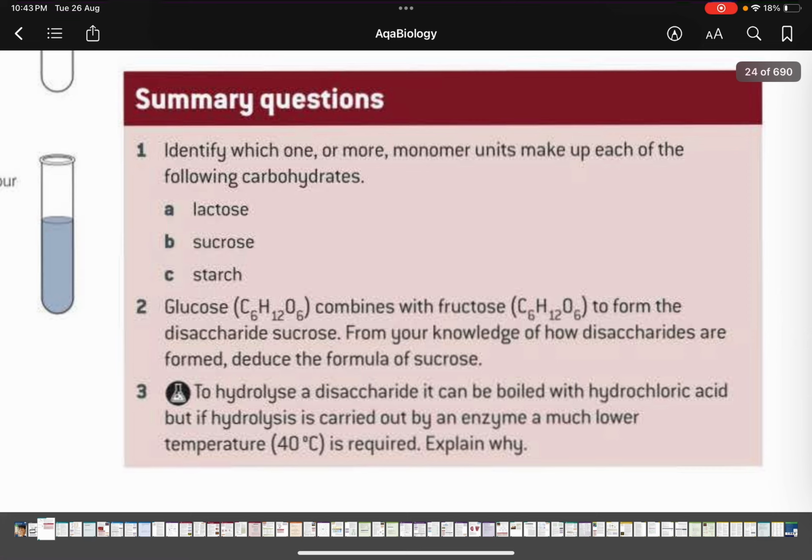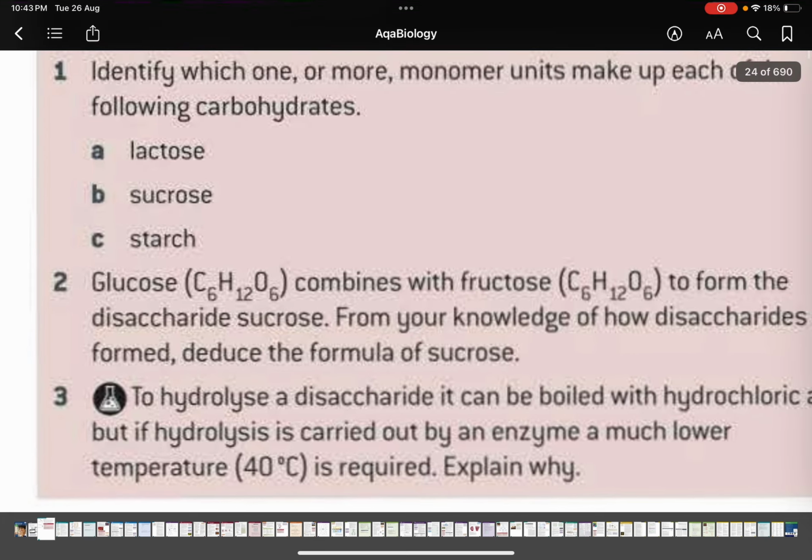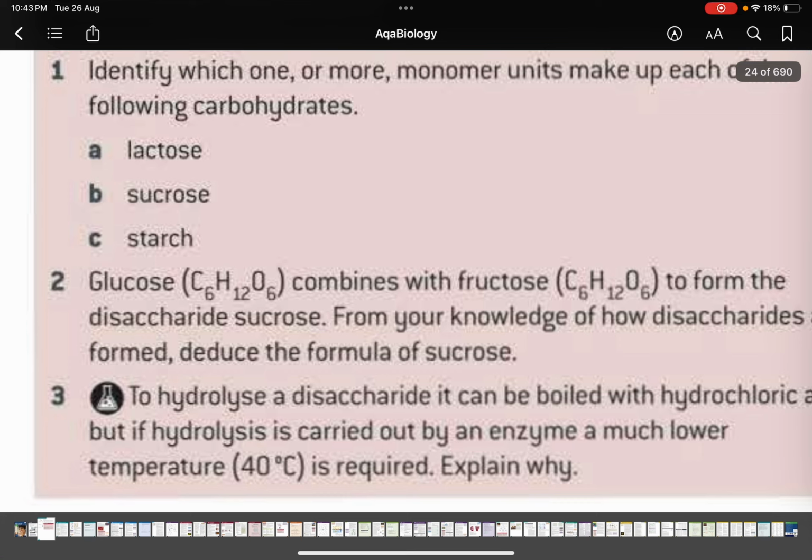From your knowledge of how disaccharides are formed, deduce the formula of sucrose. Now, at first thought, it might be easy to think... Oh, by the way, glucose and fructose do have the same chemical formula because they are isomers of each other. Sorry, I said isotopes, they're isomers. Essentially what that means is they have the same chemical formula but different structural or displayed formulas.